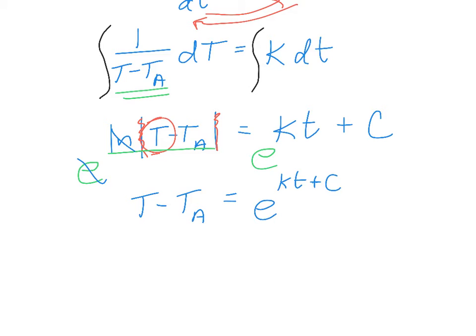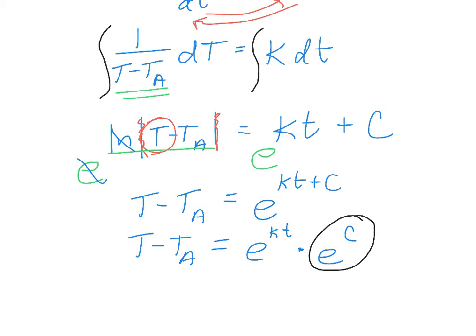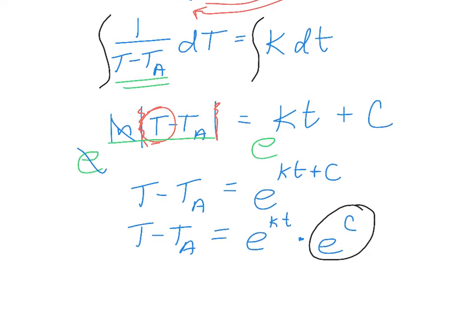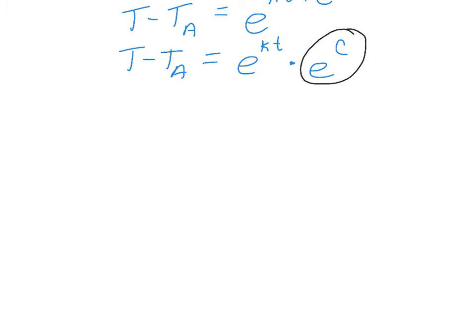So I'm actually going to keep this side, but over on the right side, I'm going to rewrite this as e to the kt times e to the C. Now I'm doing that because this is just some constant. That is just C. Slide this up again.